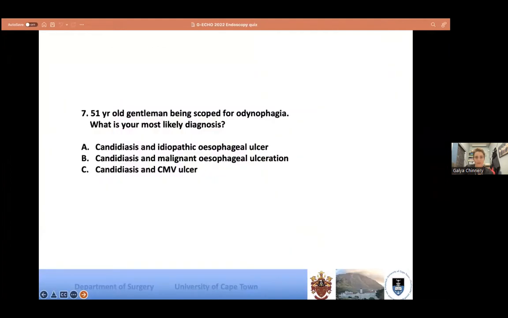Good. Okay, so here are my options. Either candidiasis with an idiopathic esophageal ulcer, candidiasis with a malignant distal esophageal ulcer, or candidiasis with a CMV ulcer. Cheryl can put the poll up for you. You can decide what you think that distal ulceration was due to.